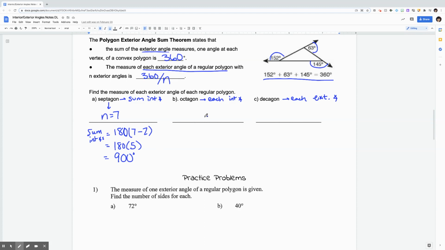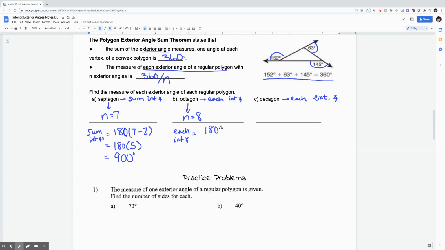All right, then let's look at this one. For an octagon, if I want to find each interior angle, remember an octagon has 8 sides, so n equals 8. My formula is 180 times n minus 2, divided by n.